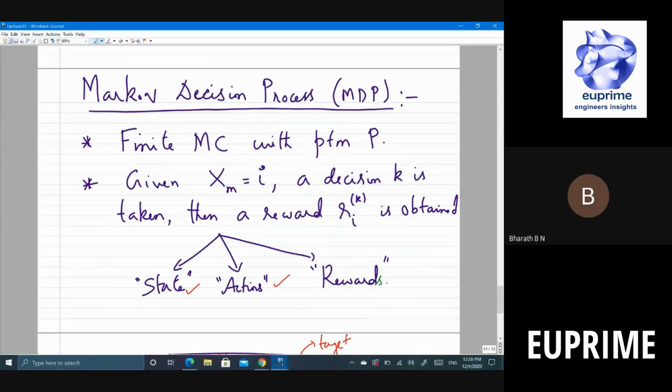Is that fine? And what is Markov here? Can somebody tell me what is Markov? Sir, if the states are fixed, then how can it move in between? How can there be some noise?